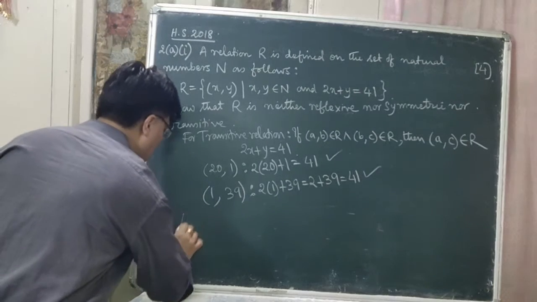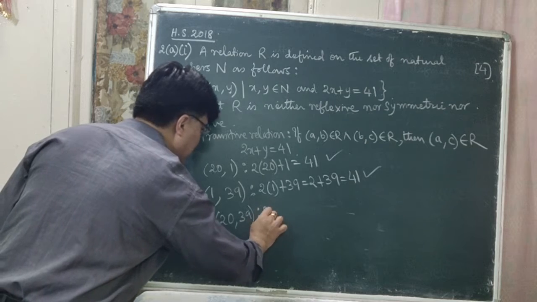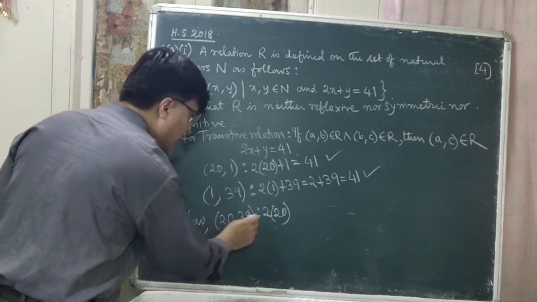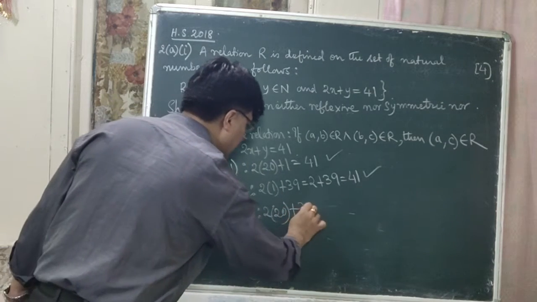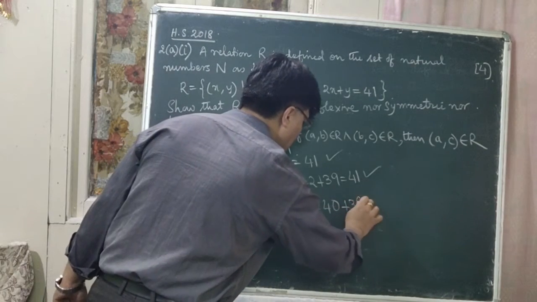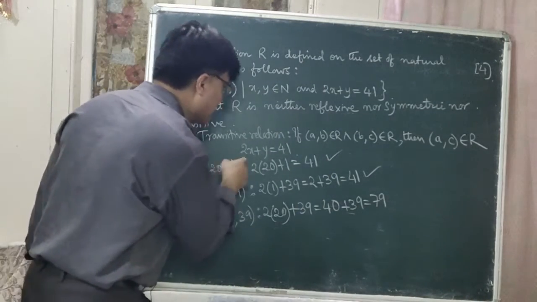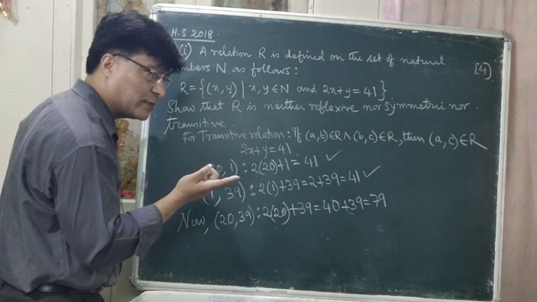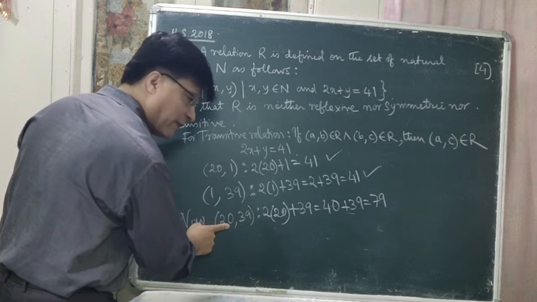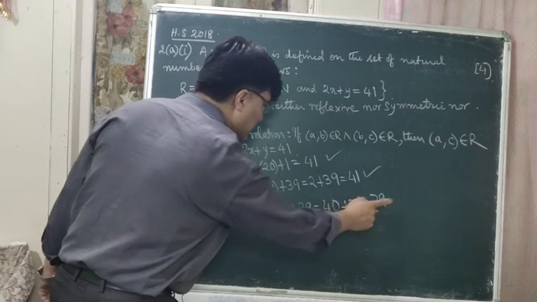So now this 20, 39 should belong to this relation. Let us check it. 20, 39: 2 into the value for x, 20, plus the value for y, 39, which is 2 20s are 40 plus 39, which is 79.